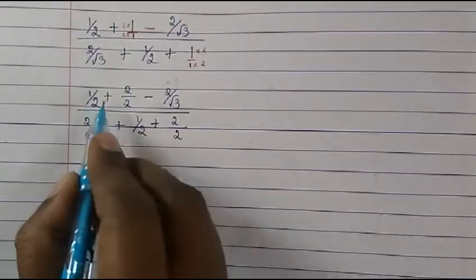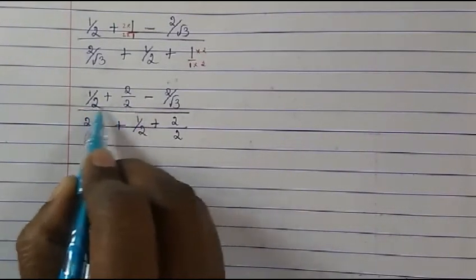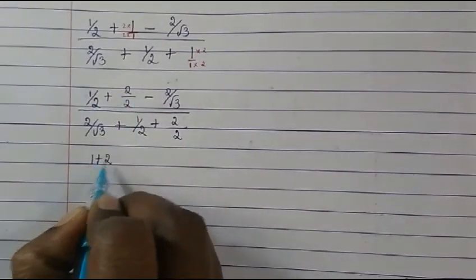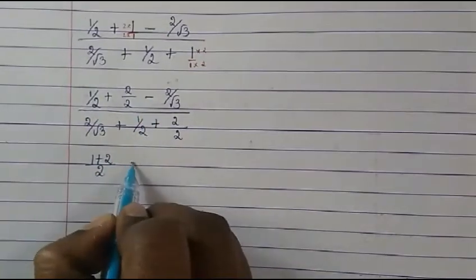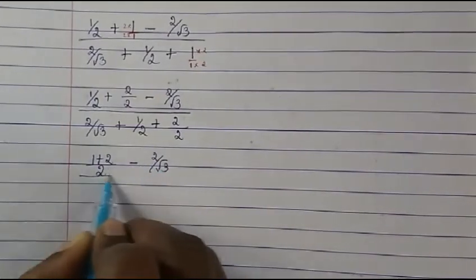Now you see, here in denominator you have 2, here also we have 2. So we'll write it common. This will be 1 plus 2, and this one time we'll write. Now minus 2 upon root 3.